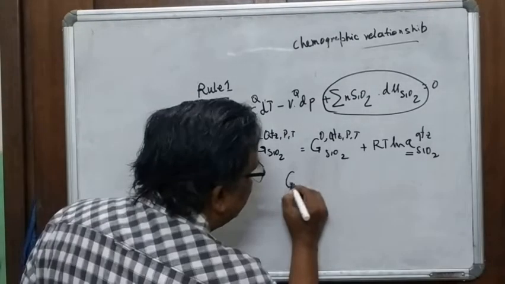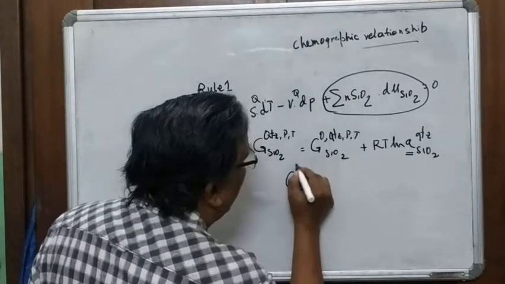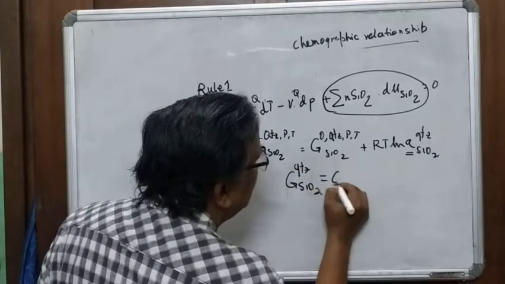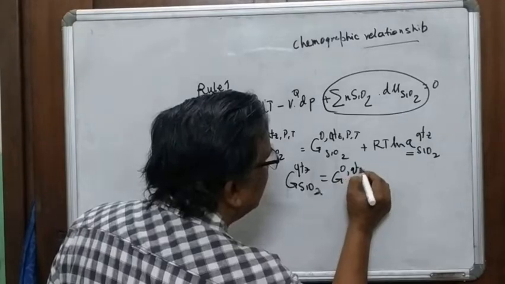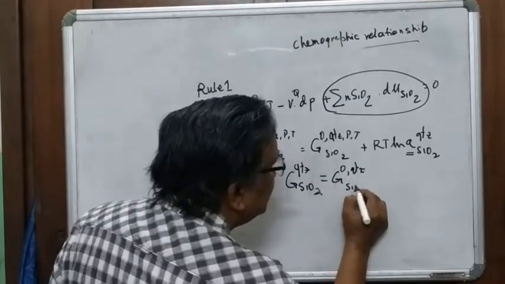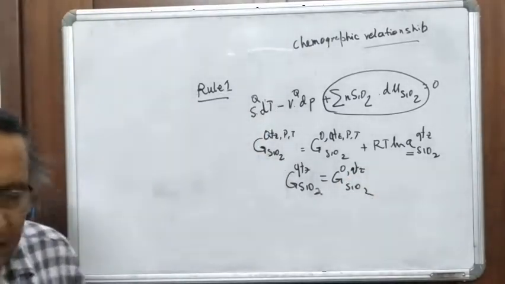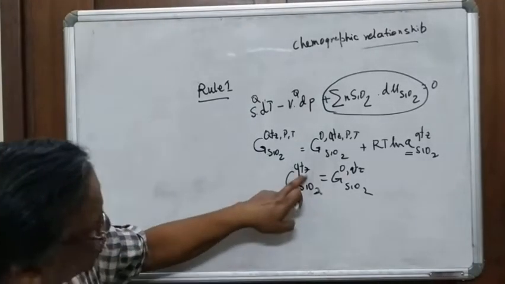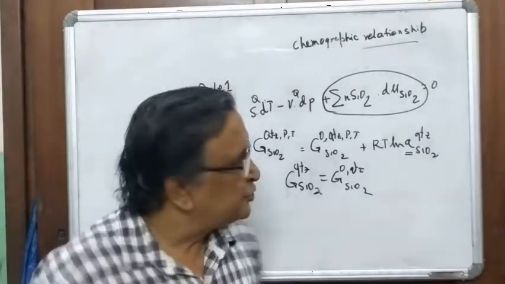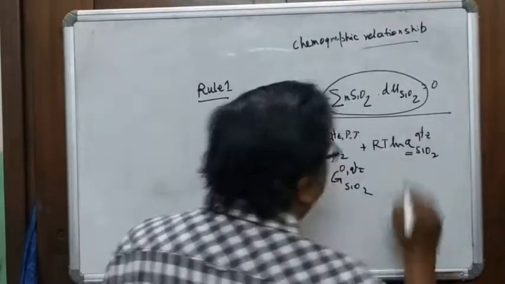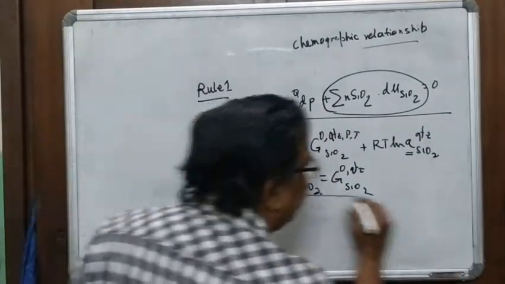That means G SiO2 in quartz is equal to G0 quartz SiO2. Means what? The free energy of SiO2 at any pressure and temperature is equal to the free energy of the pure phase. So either you can use the Gibbs-Duhem equation or you can do the free energy equation.